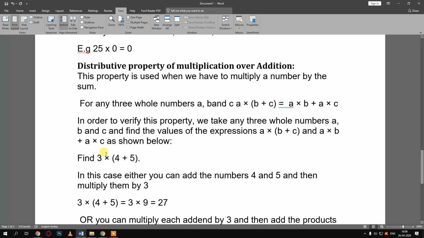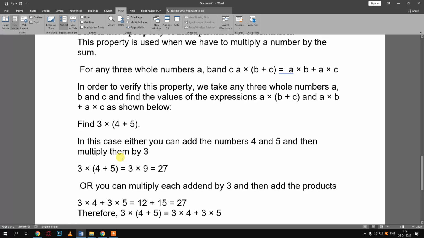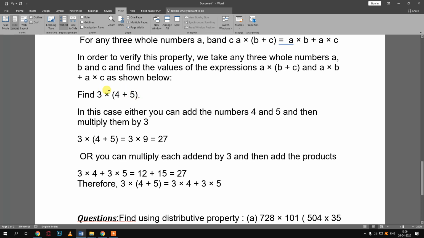Now find 3 into 4 plus 5. So first we will verify this expression using these three whole numbers 3, 4, 5. So 3 multiplied by 4 plus 5. There are two ways of solving it. In this case, either you can add the numbers 4 and 5 and then multiply by 3.